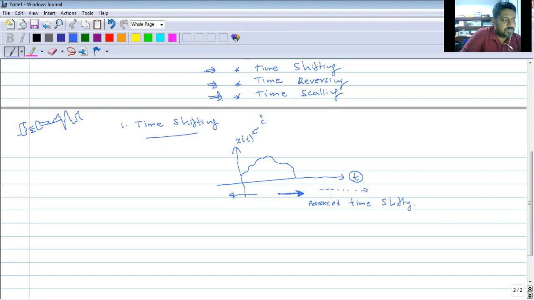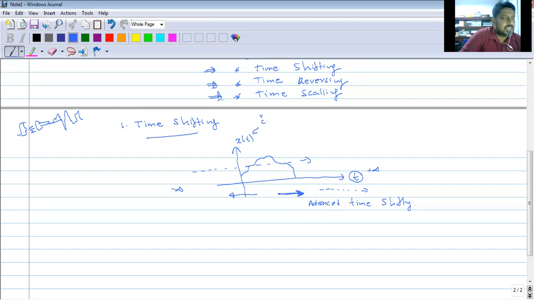So this is minus infinity and this is plus infinity n. From here to here, the time is increasing. That is the normal representation.